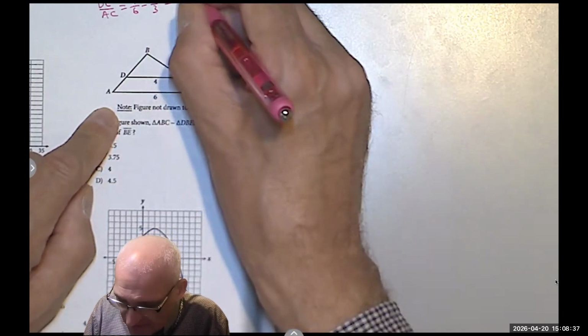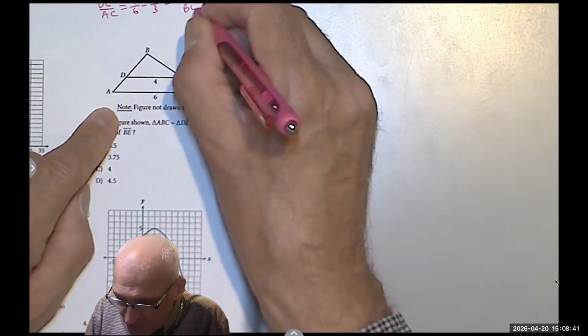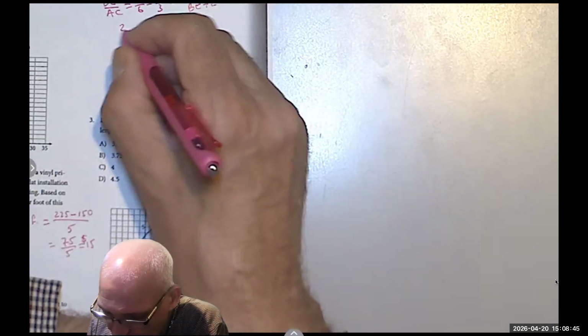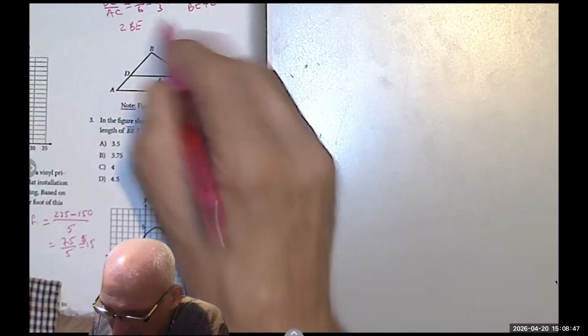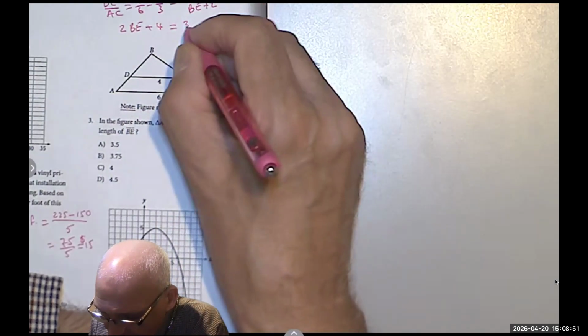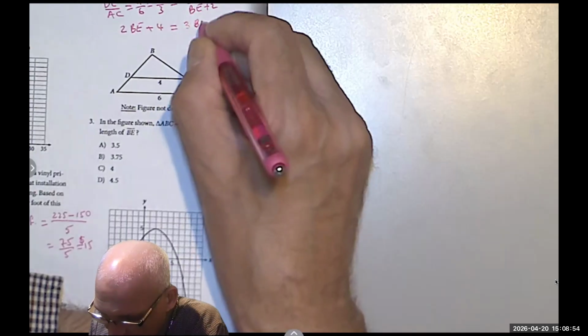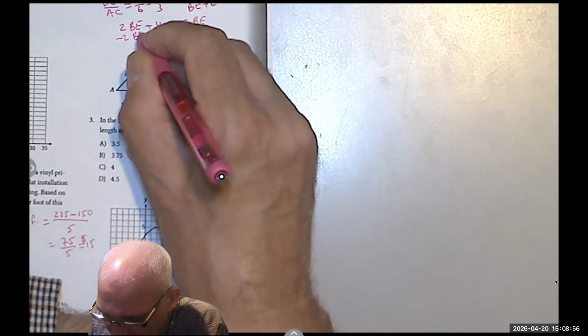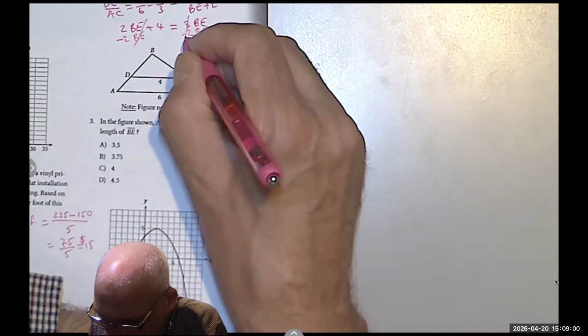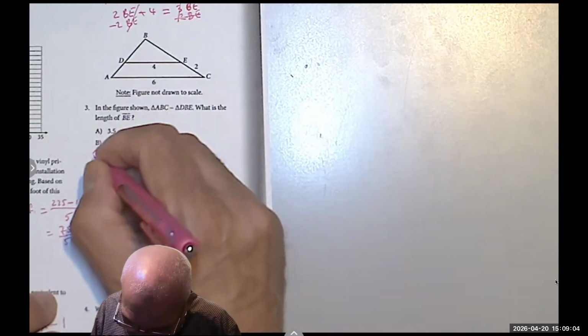So 2/3 equals BE, which we want to find its value, over BE plus 2. Now, if I cross multiply, I get 2BE plus 2 times 2 is 4 equals 3BE. And finally, I subtract 2BE from both sides. So I get BE equals 4, which is C again.